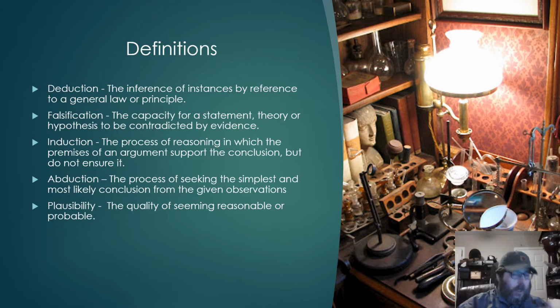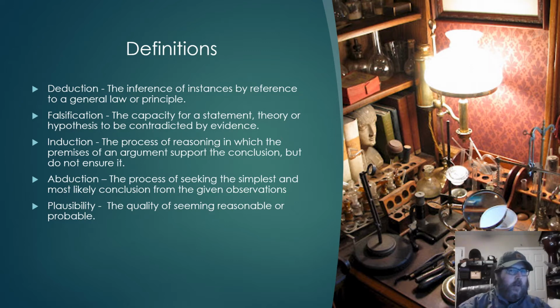I'm going to talk about each one of these again as we go, but real quickly, in the aspect of deduction and falsification, these two things go together. Deduction is based on the concept of a principle, meaning that there is a view of science here that says we have to do things in a logical way.